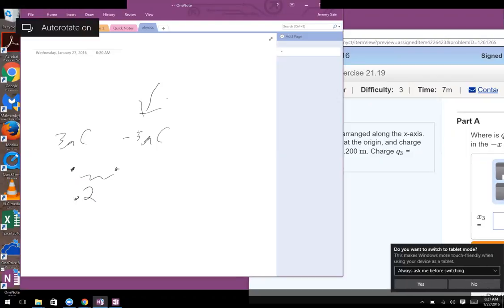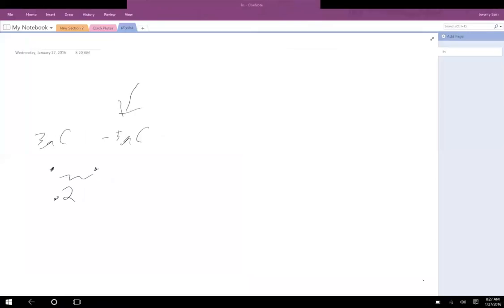Actually, I kind of gave it away when I said pulling. Yeah, since they're opposite charges, it's going to be pulling it to the right. The problem said that the net force is to the left, so the force from Q3 had better be to the left.